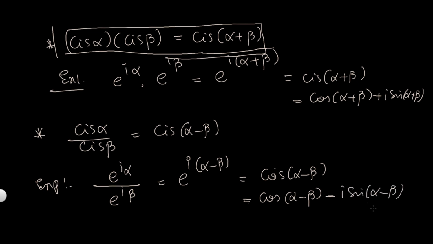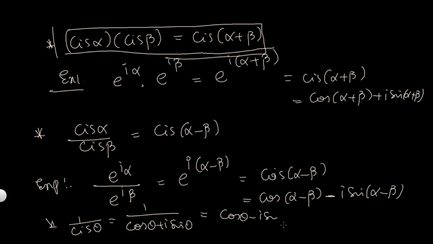Last formula, 1 by cis theta is 1 by cos theta plus i sin theta; rationalize and simplify and you get the conjugate cos theta minus i sin theta, which is e to the power of minus i theta. These are all the formulas.